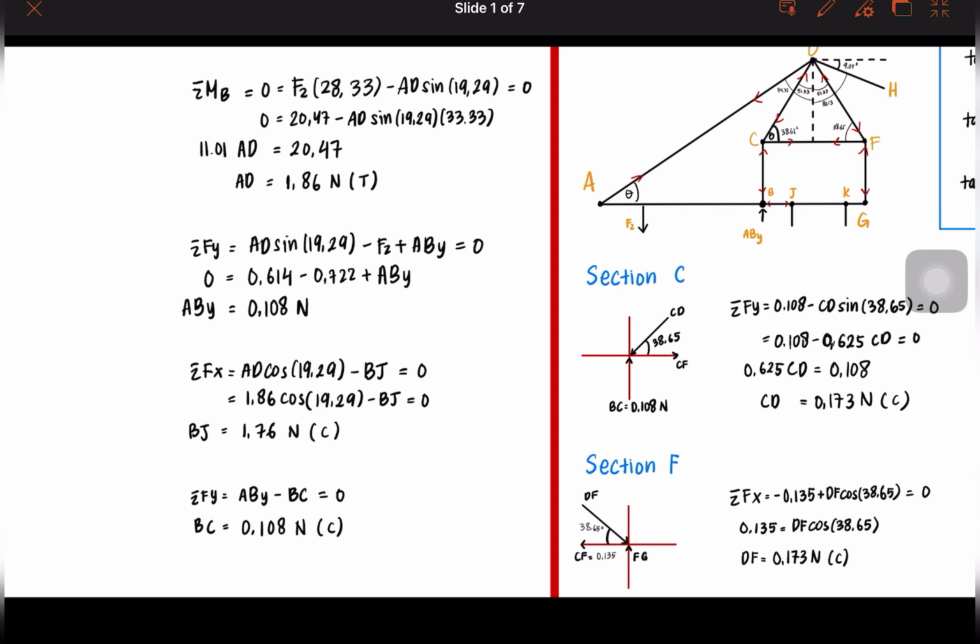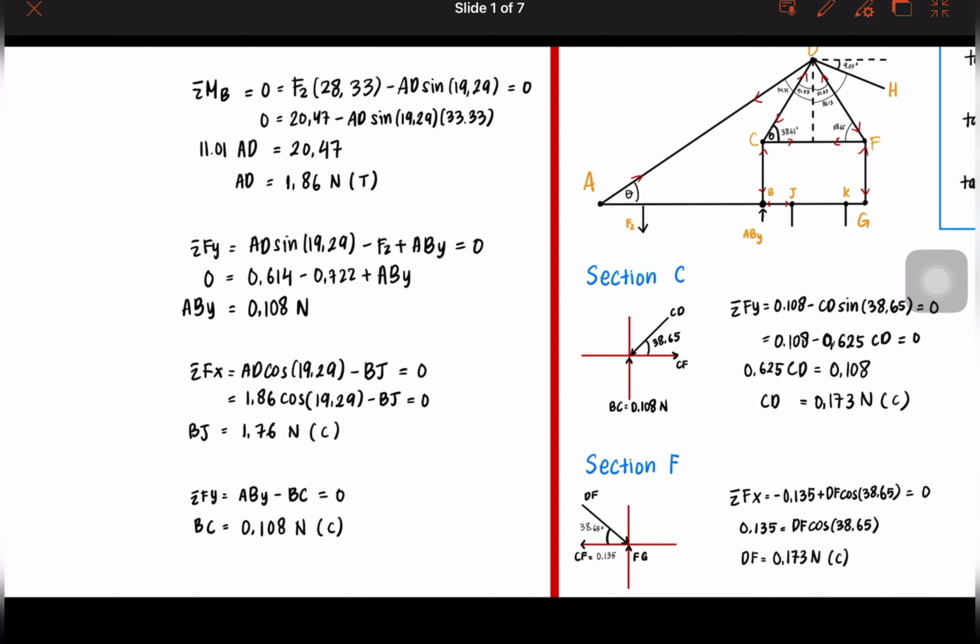Okay, next we move on to section F. Here, in section F, we have the members DF, CF, and FG. We can use the same method as always, sigma Fx equals 0 and sigma Fy equals 0.